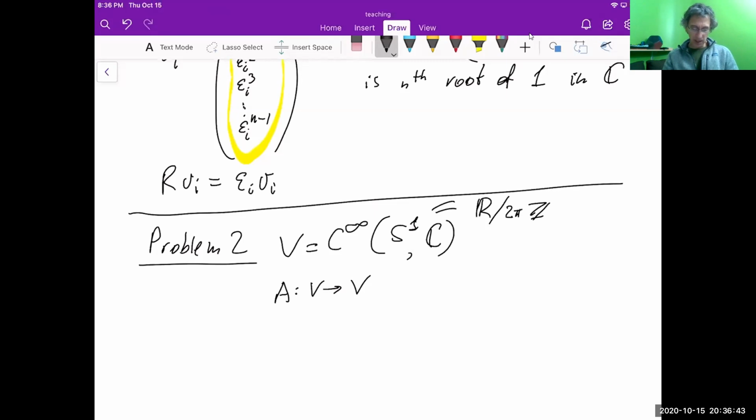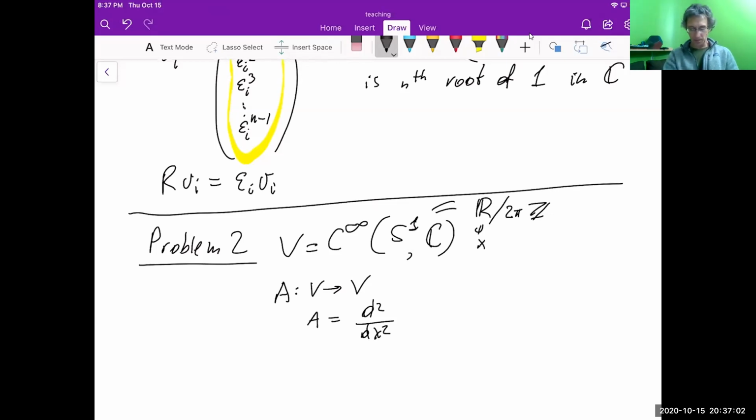And your operator A is, well, I don't know, something as simple as just A equals the second derivative, where X is the coordinate on R.